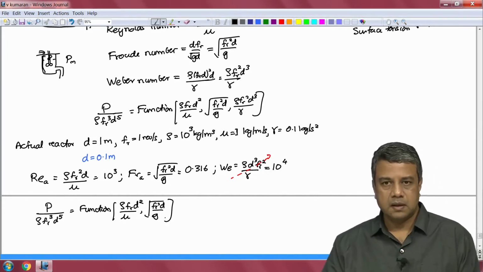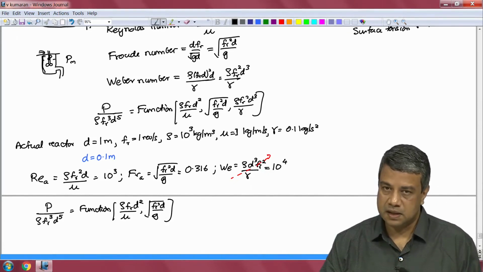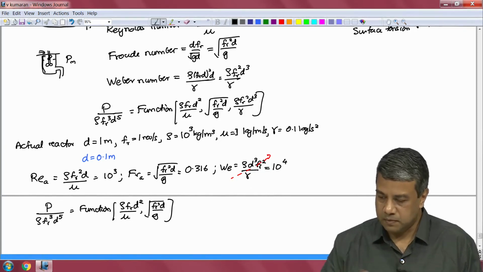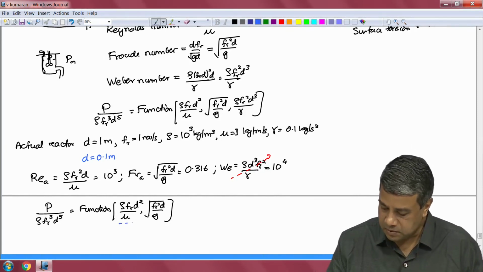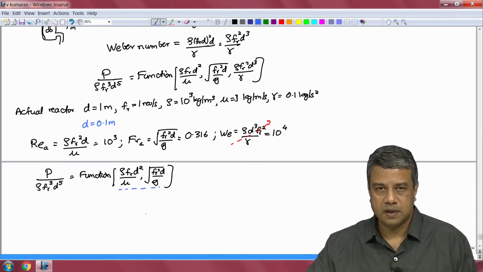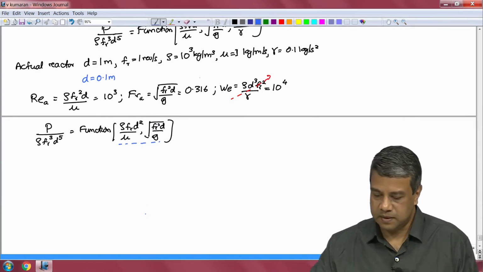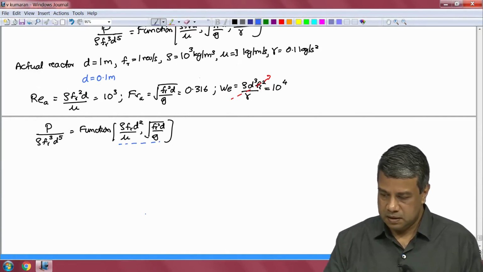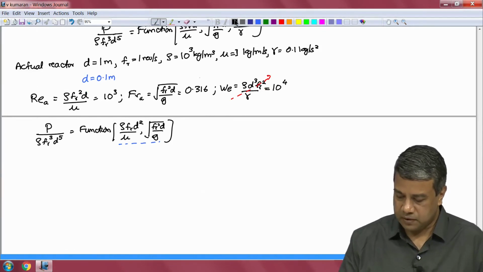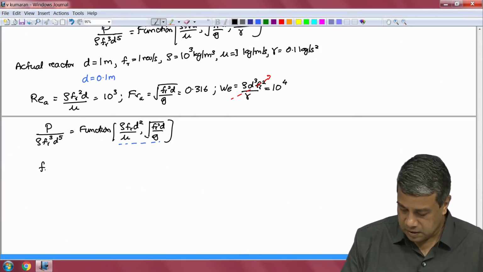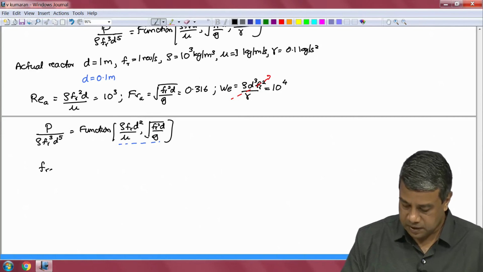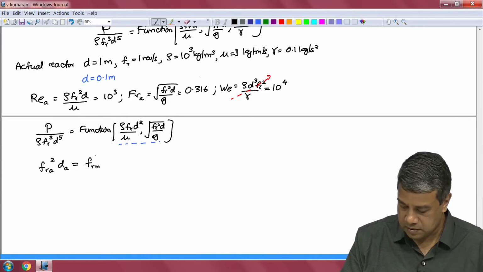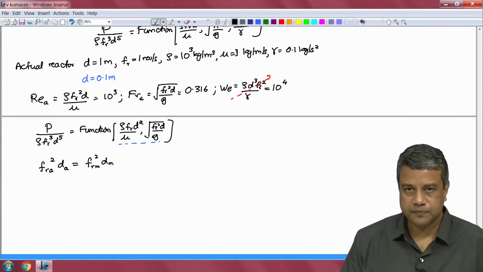So, between the scale model and the actual reactor, I have to maintain these two dimensionless groups constant. So, we know that for the Froude number to be a constant, the rotation rate for the actual reactor square times the d of the actual reactor has to be equal to the rotation rate of the model square times the d of the model.